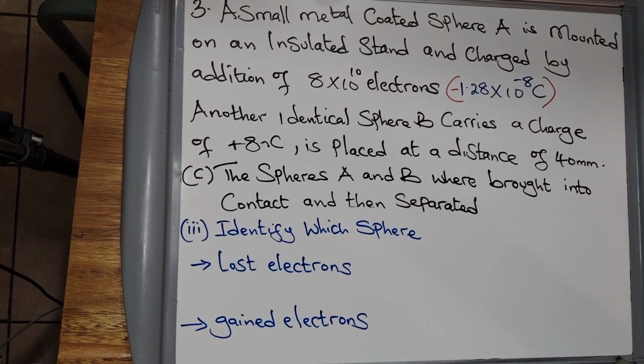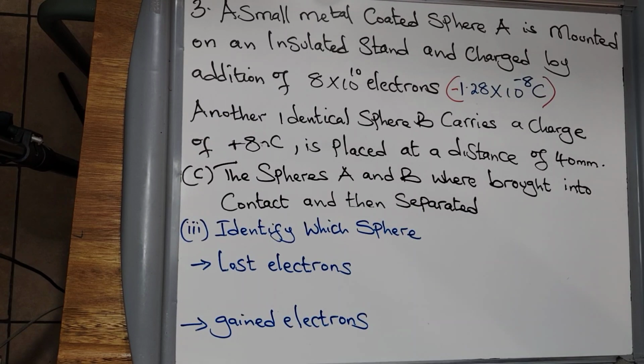So comes this question. It says, identify which sphere lost electrons and which one gained electrons. To understand this, you have to remember that all charges are created by movement of electrons.